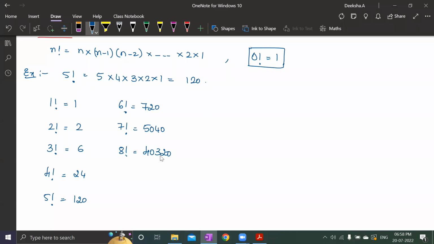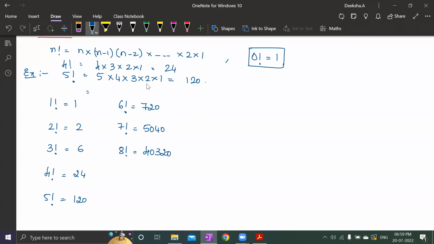So what does this mean? Factorial means product of all the numbers from n to 1. Now, how do you simplify equations or mathematical solutions which have factorials? If you observe, 5 factorial is 5 into 4 into 3 into 2 into 1. What is 4 factorial? It is the product of all numbers from 4 to 1, which is 24.